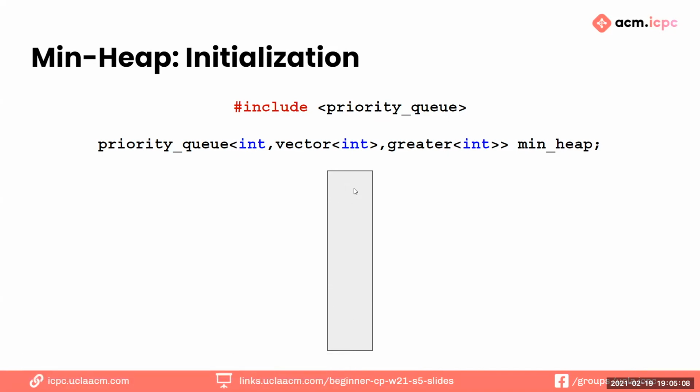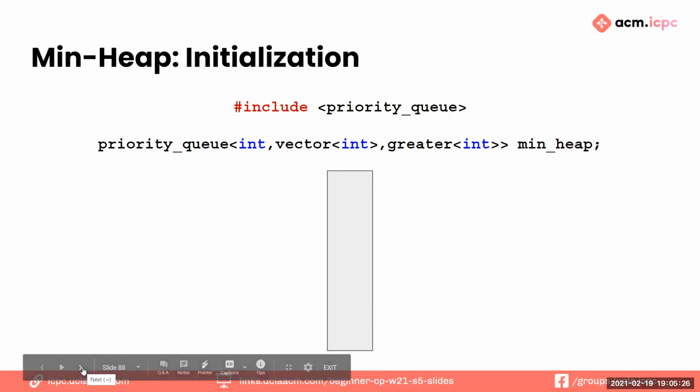For a queue, it's first in, first out, I believe. But for a priority queue, it's a bit different. Whenever you pop from a priority queue, it will always be the element that has the greatest priority. In the case of the min heap, that means the number that is the least, if we were to do a priority queue of ints.